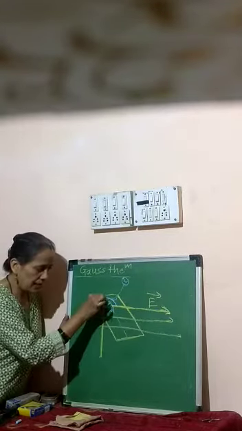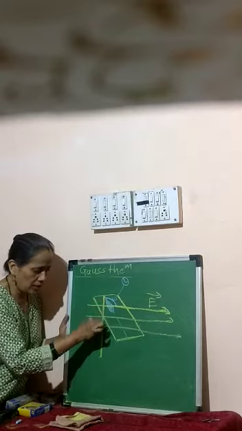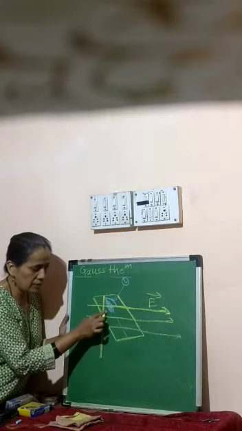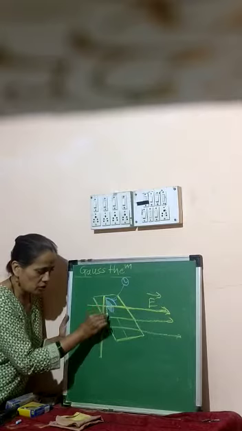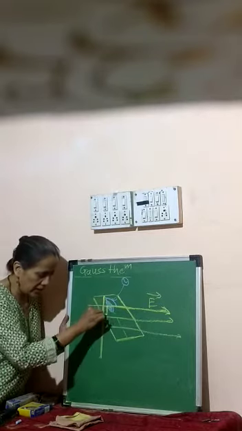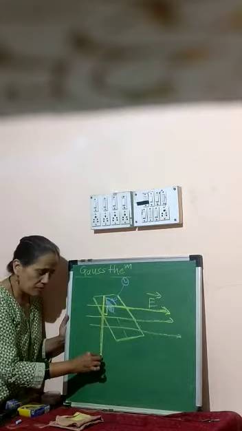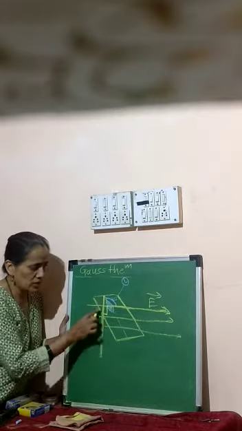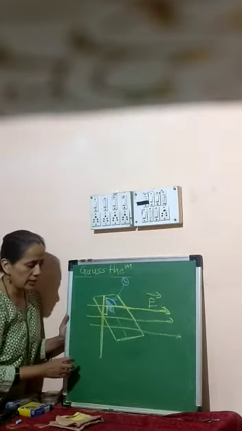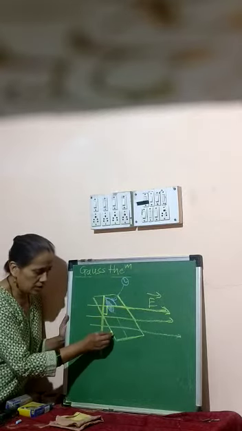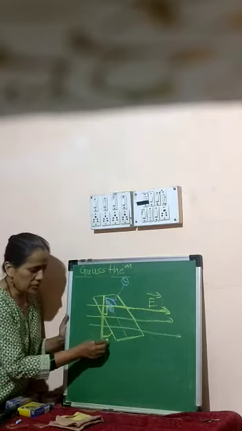Whatever this yellow line I have drawn, I am going to call it the component of ds which is exactly perpendicular to intensity. And now this angle is your theta.